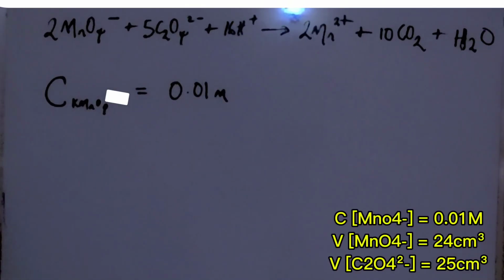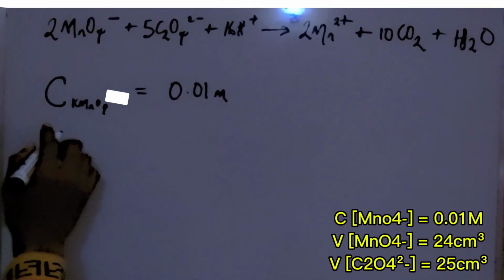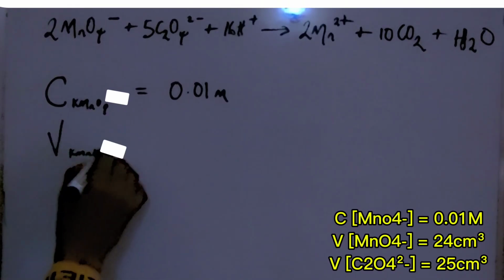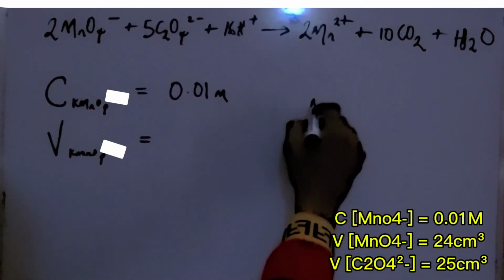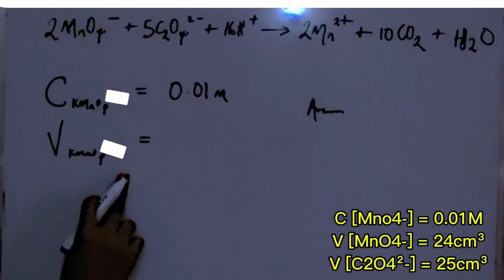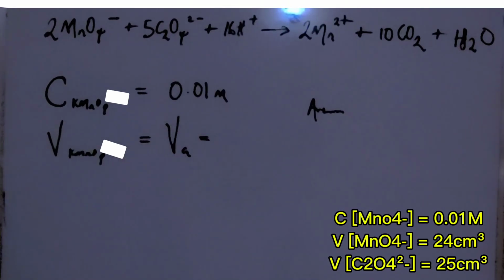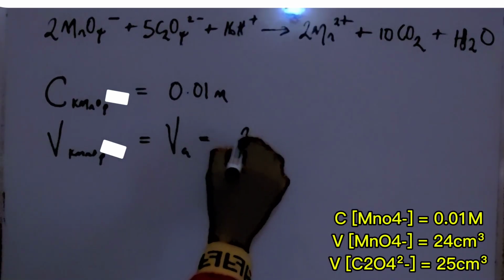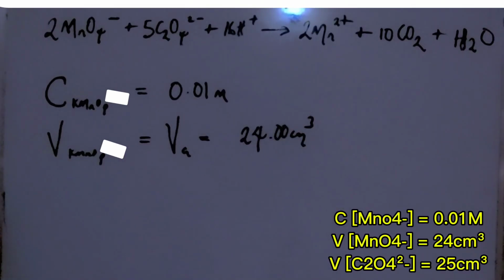Let's assume this was the concentration you were given. And let's also assume the average volume of the permanganate, once you run your titer values, the average, more like VA, the volume of acid required to neutralize. Let's say you got 24 cm cube as the average value, okay?